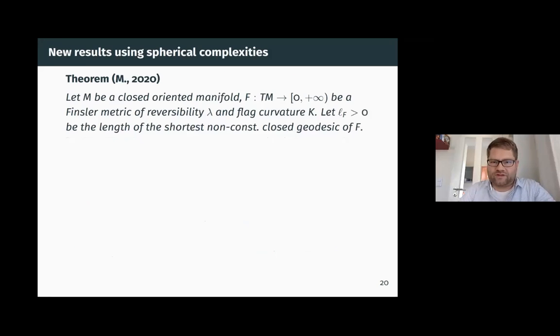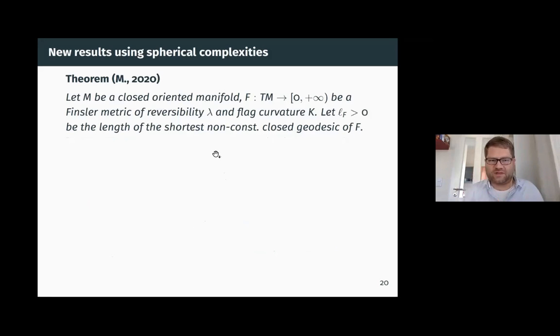So what I could prove with my approach is the following. I will just drop some technical terms, but don't be afraid of them. You can ignore them if you're not familiar. We have a Finsler metric F on a closed manifold M, of reversibility lambda. This is just a parameter measuring the asymmetry of a Finsler metric. This is always 1 or bigger.